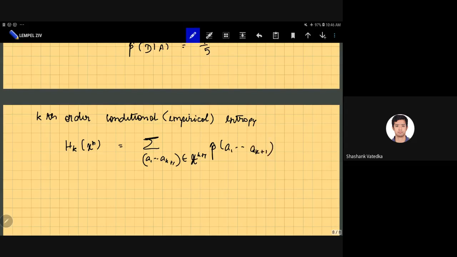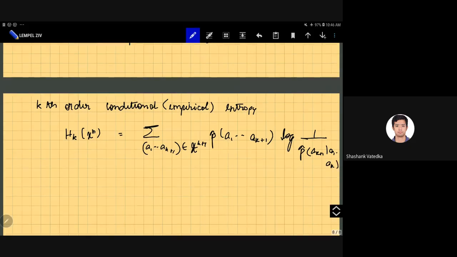This is the empirical frequency of observing the subsequence a1, a2, a3 up to ak plus 1, times log 1 over p hat of ak plus 1 given a1 through ak.